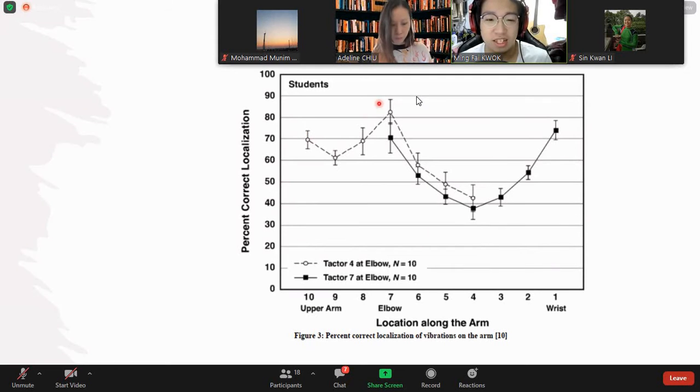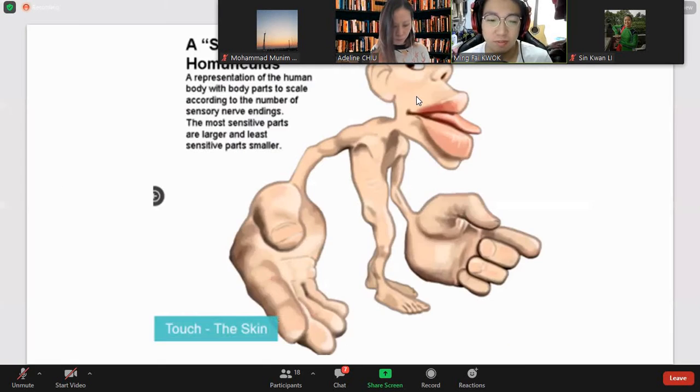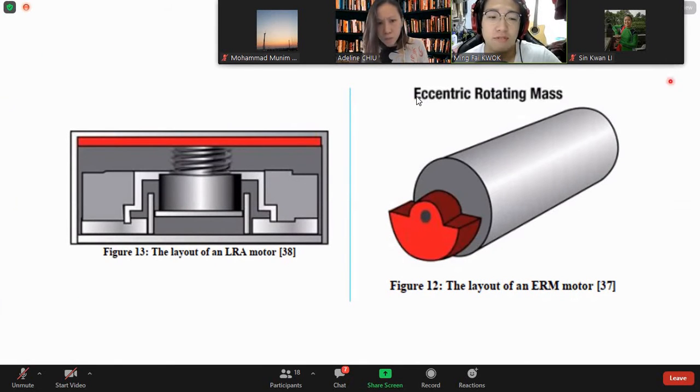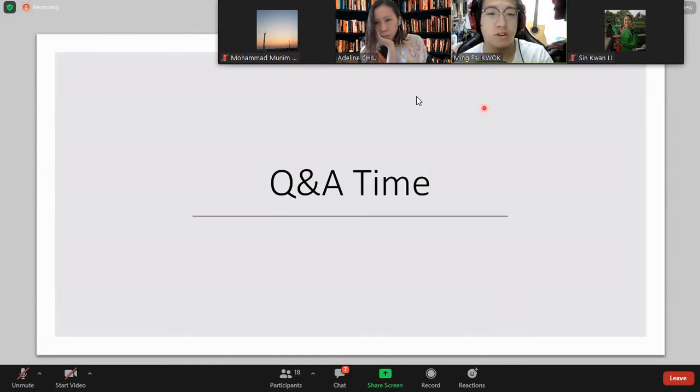You may not see it clearly in the diagram, but there's an illustration that enlarges the parts we are most sensitive in, like our hands, tongues and head. So our device will use motors that vibrate and put them on the most sensitive parts of the human body to provide the music vibes. That's all of my brief introduction and presentation.